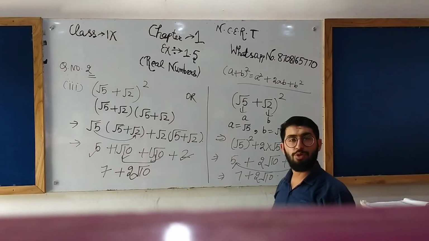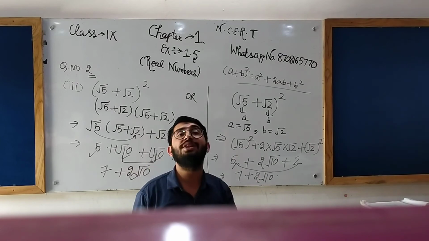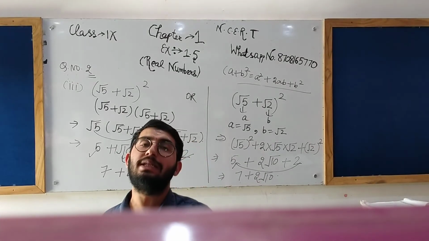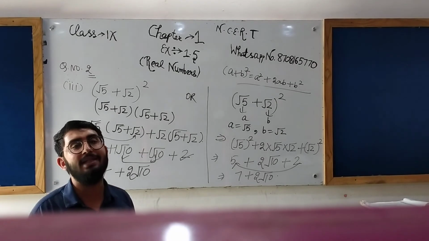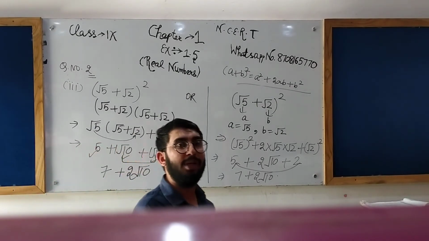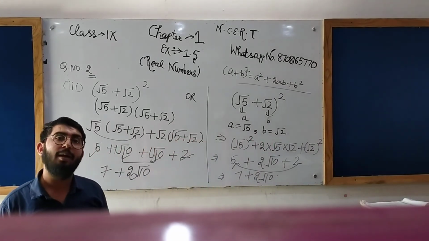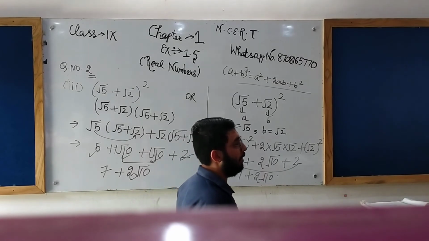Hope you understood this part of the question. Till now in this question we have applied two identities. The first one is (a minus b) into (a plus b) equals a square minus b square, and (a plus b) whole square is a square plus 2ab plus b square.